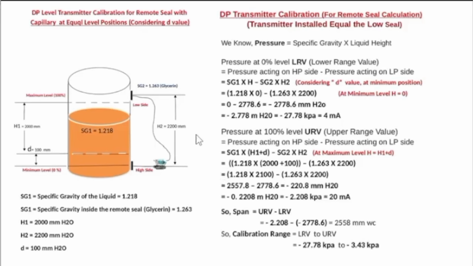So viewers, you can also calculate this defined value, and this level will be changed using this calculation value, and for the liquid inside the remote seal, specific gravity, you have to consider this distance from minimum level to maximum level. I think you will be able to calculate this span and calibration range, and also the transmitter calculation or calibration.